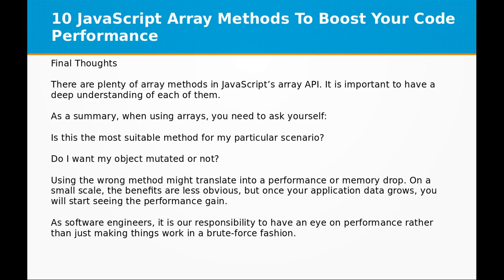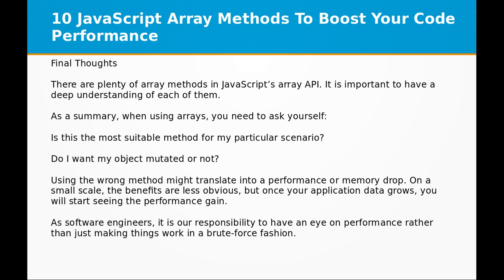Final thoughts: there are plenty of array methods in JavaScript's array API. It is important to have a deep understanding of each of them. As a summary, when using arrays, you need to ask yourself: is this the most suitable method for this particular scenario? Do I want my object mutated or not?